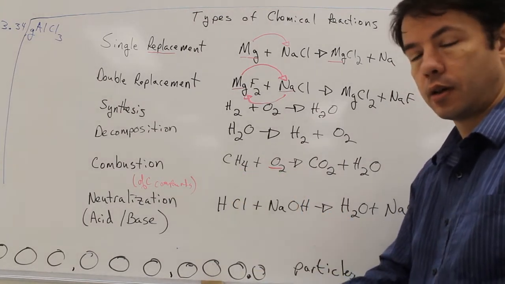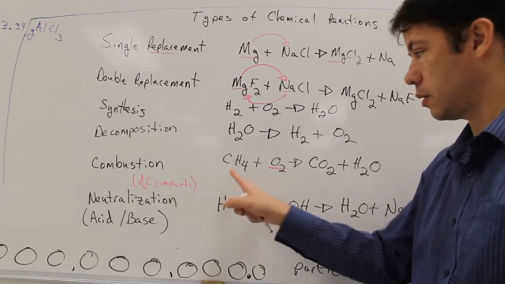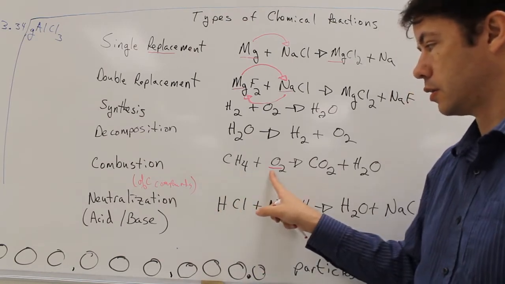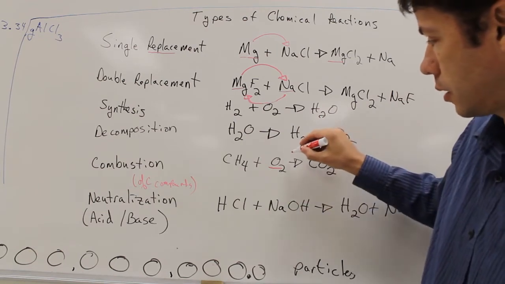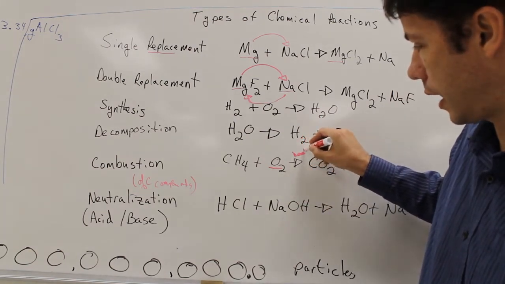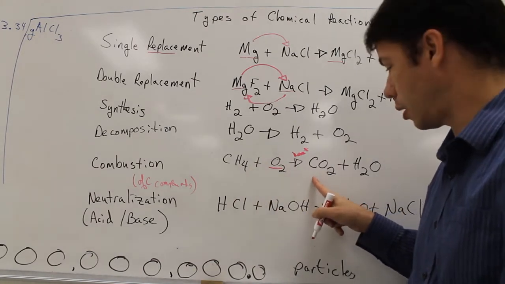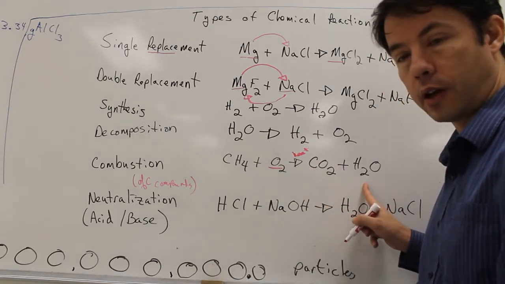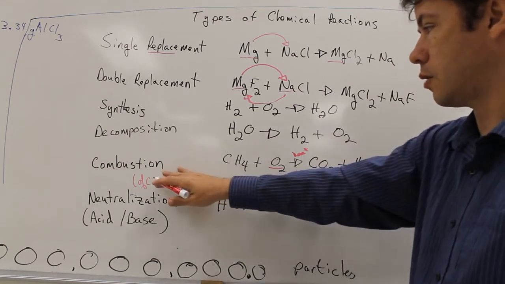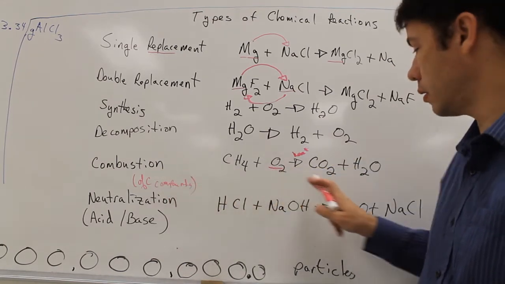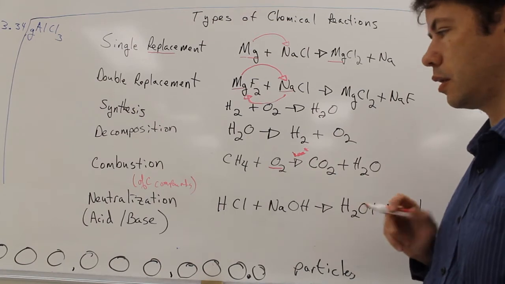You need heat, oxygen, and fuel. So this is our fuel, this is our oxygen, and technically we could put heat here because we're going to add heat. It's going to light this on fire and produce carbon dioxide and water. That's how you identify it: only oxygen on this side, and it produces carbon dioxide and water.